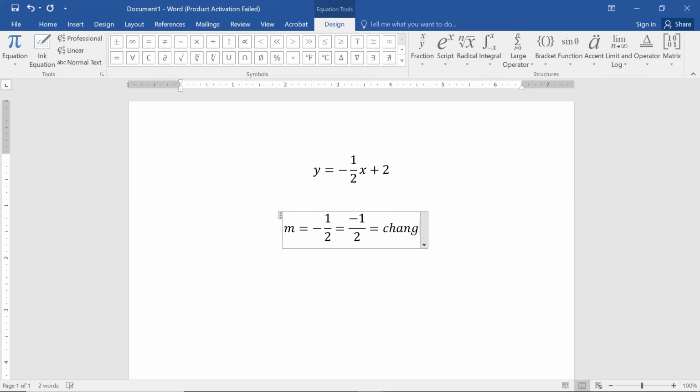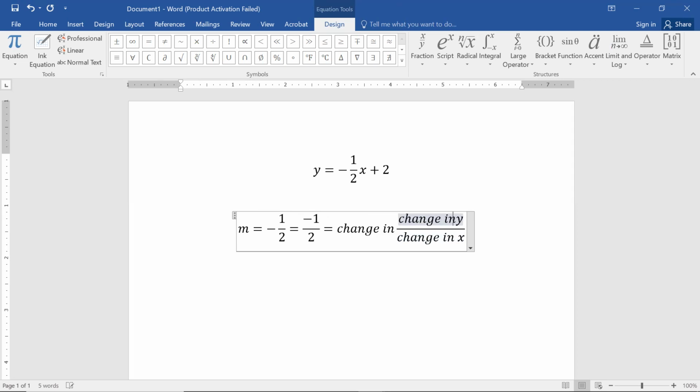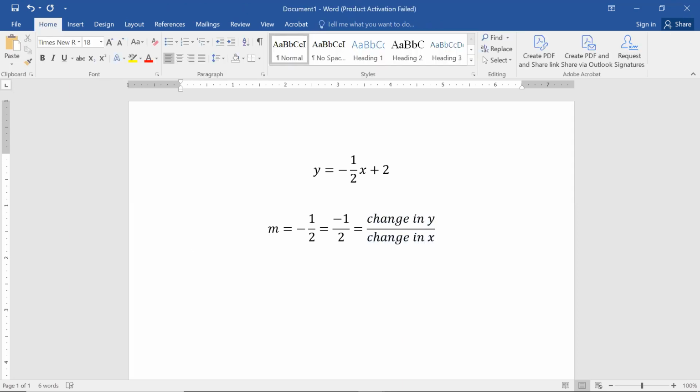That's going to be my change in y divided by change in x. So the y value is going to change by -1 each time the x value changes by 2. That's how we deal with fractions. When you have a fraction as a slope, we think of it like that.